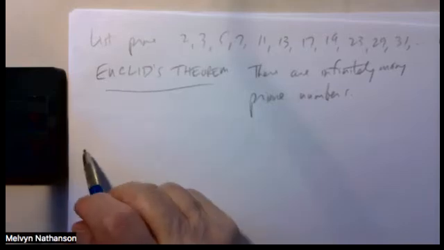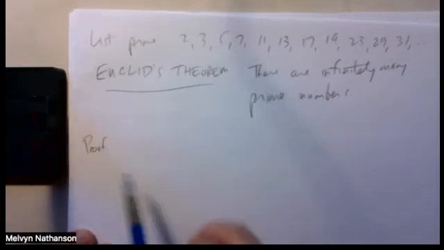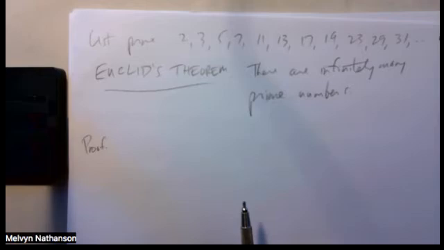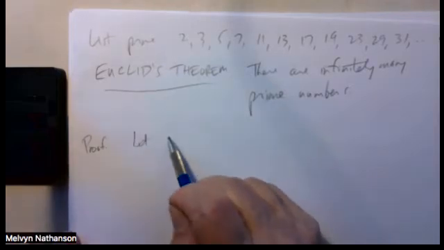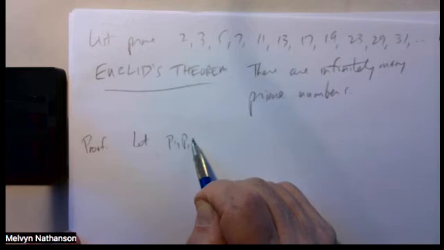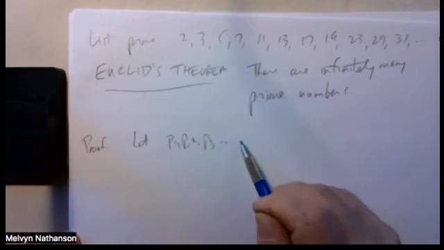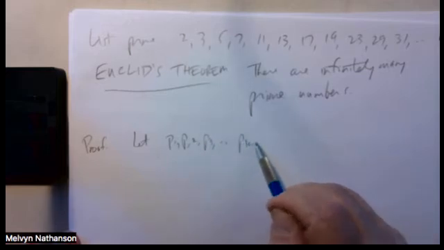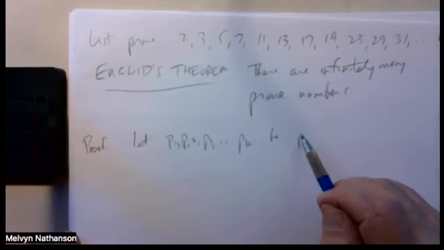In the proof, I can divide it up into 2 steps. So let P1, P2, P3, up to, let's say, P sub k be prime numbers.